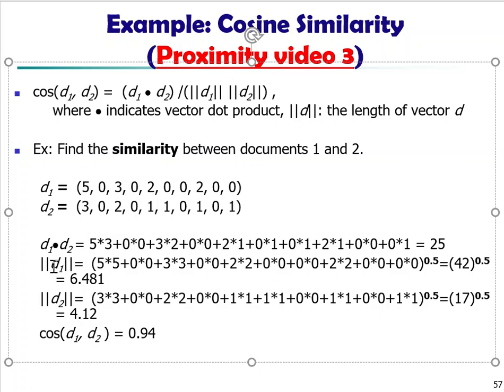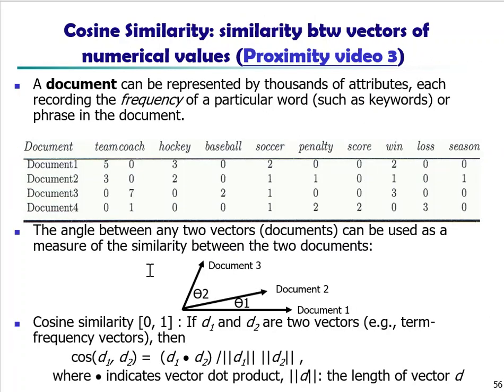So here, for the length of a vector, this is the origin of the coordinate system. So here is 0, 0, 0, 0, 0, 0, 0. Whatever number of dimensions you have, that's that many zeros here. And this document has the vector like this.